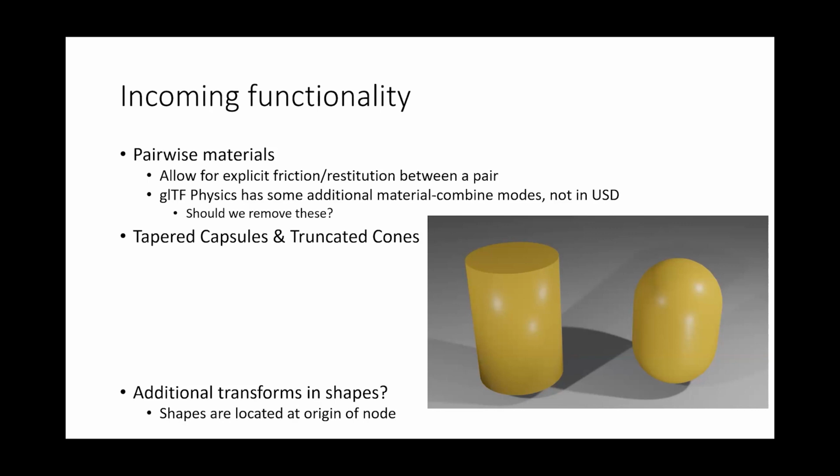It's the same in USD, very similar for capsules, cylinders, boxes. I was asked if we can support an additional transform for those shapes. And it's useful in some scenarios. Obviously, it can be emulated by adding an extra child to your hierarchy anyway.